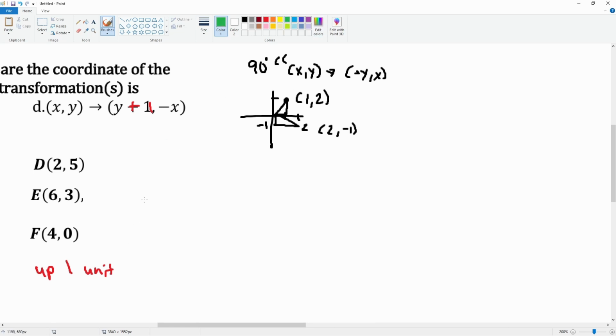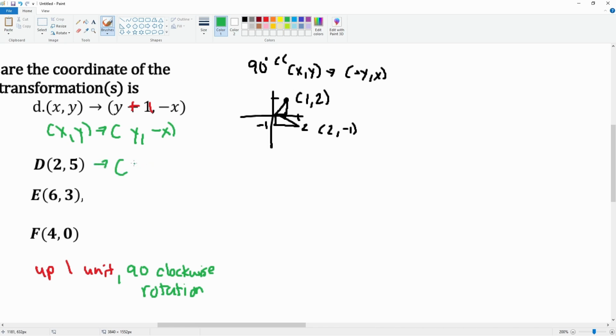So the rule (x, y) to (y, negative x) is the 90 clockwise rotation. All right, so let's apply that.